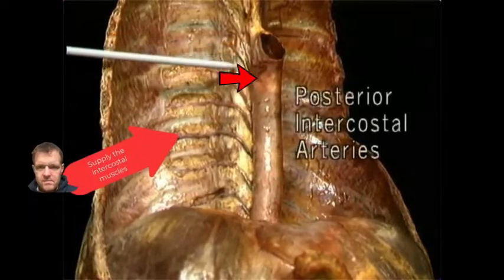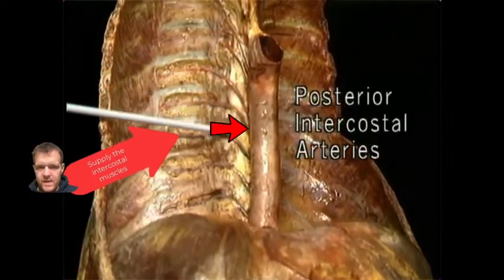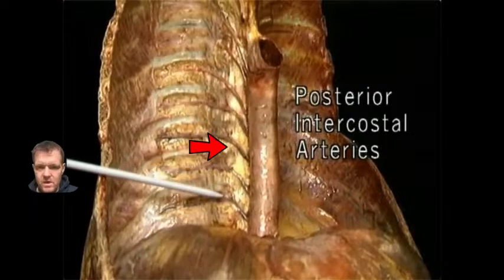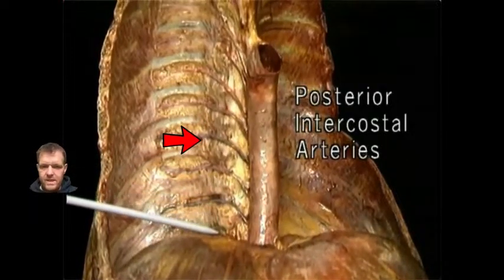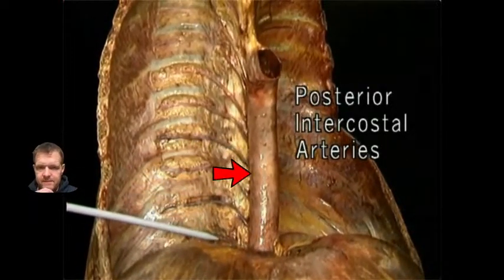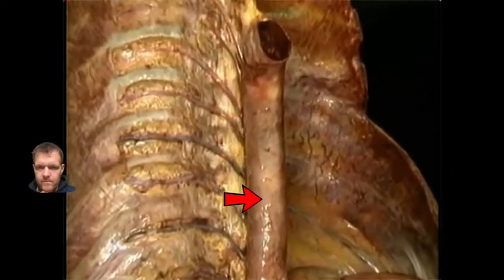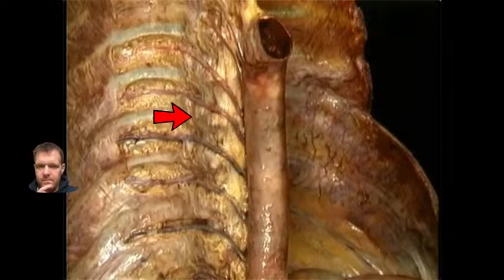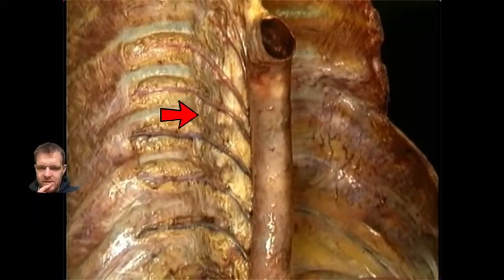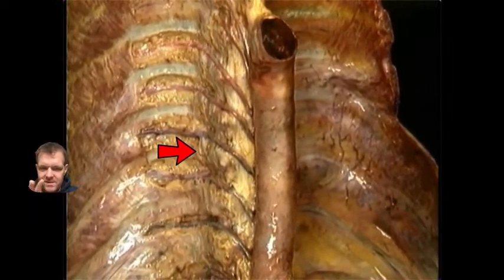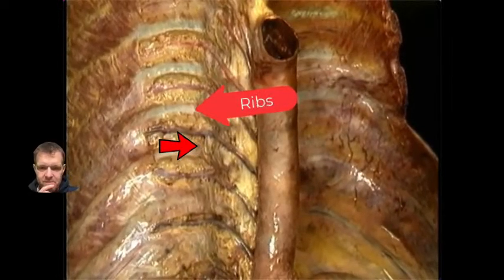We've got these projections coming off of the aorta, the posterior intercostal arteries. So they're supplying the intercostal muscles with blood. Just mad, the intricacies of this area and how everything has been supplied by a specific thing.